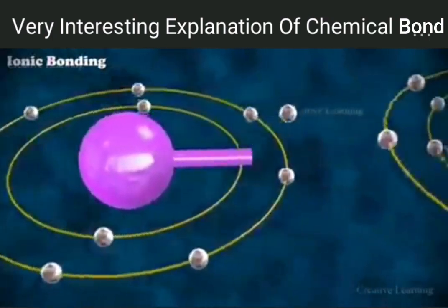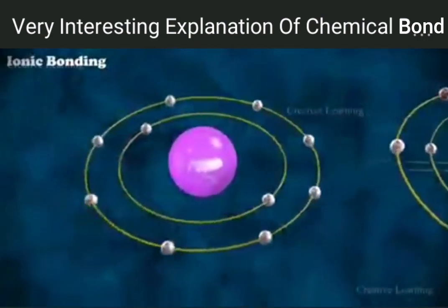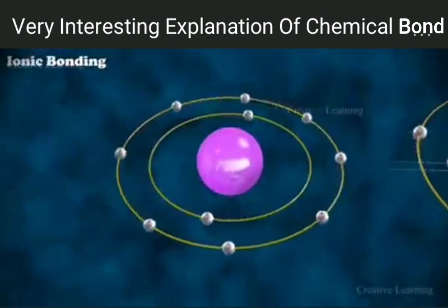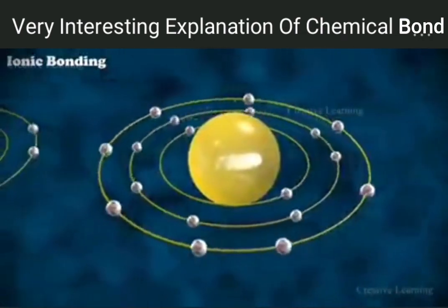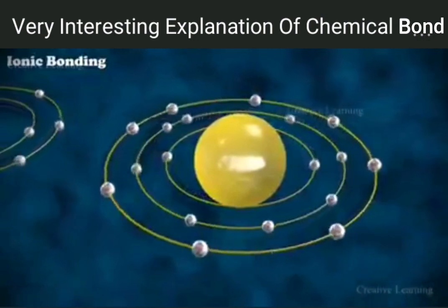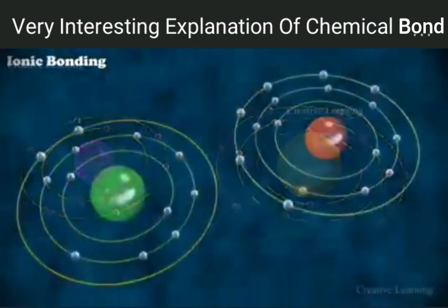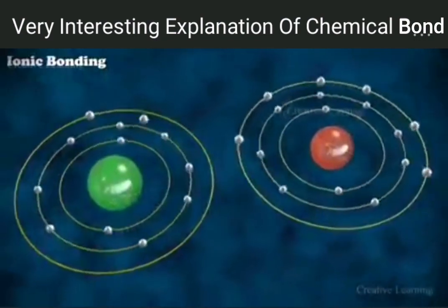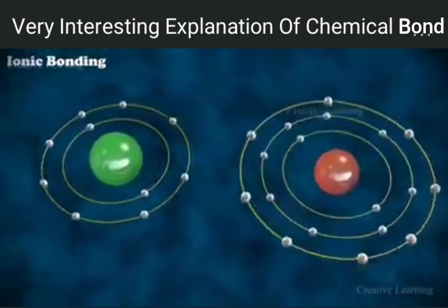By losing those electrons, these metals can achieve noble gas configuration and satisfy the octet rule. Similarly, nonmetals that have close to 8 electrons in their valence shell tend to readily accept electrons to achieve their noble gas configuration. In ionic bonding, more than one electron can be donated or received to satisfy the octet rule.